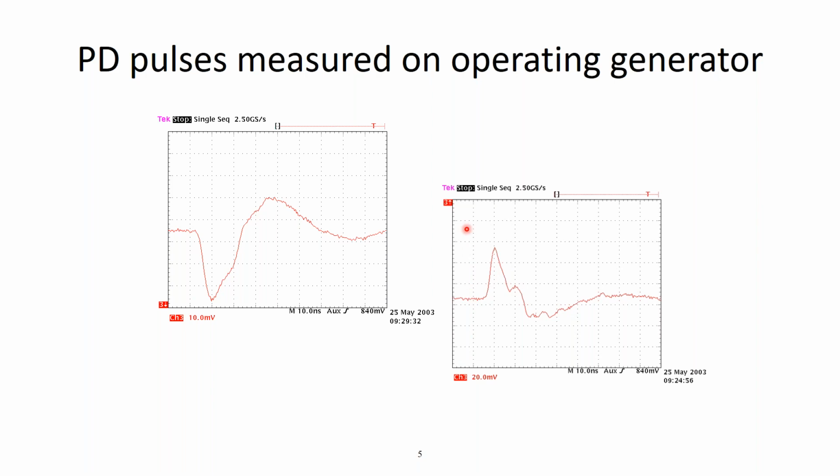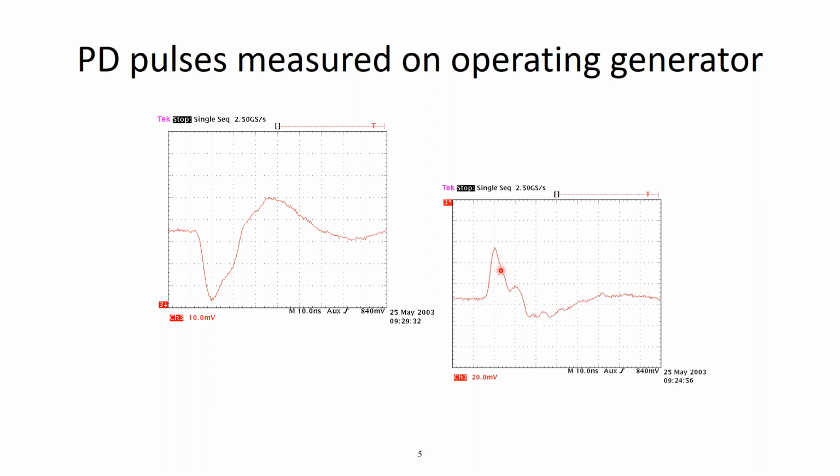Okay, now the vertical scale here is millivolts, and yet I said PD creates milliamps or amps, or it's a current. Well, unfortunately, Tektronix oscilloscopes don't measure current, they measure voltage, but we as electrical people know Ohm's law, V equals IR. 1 milliamp of current through 50 ohms will create 50 millivolts.